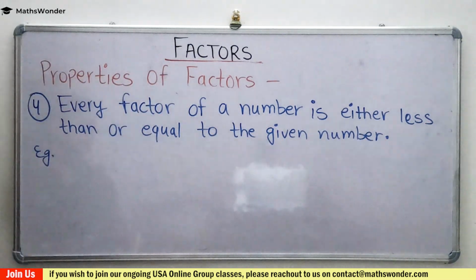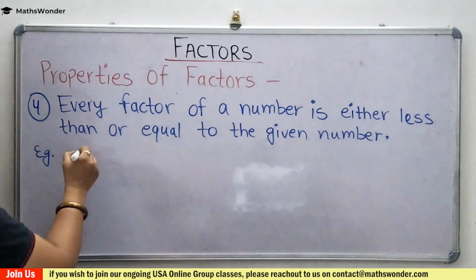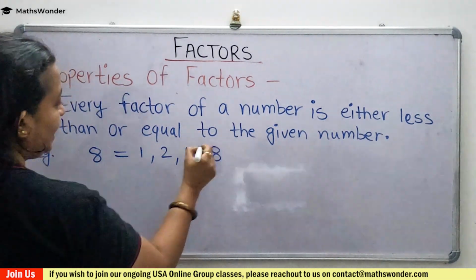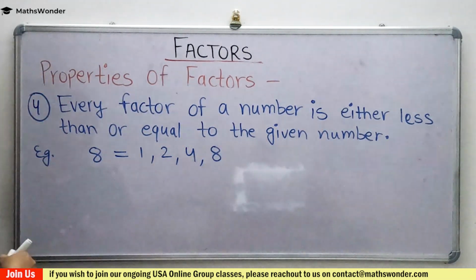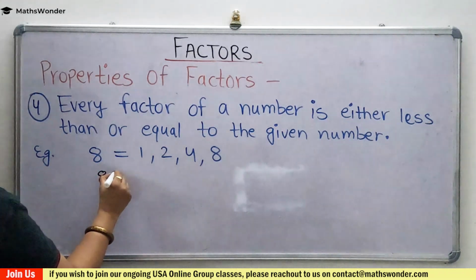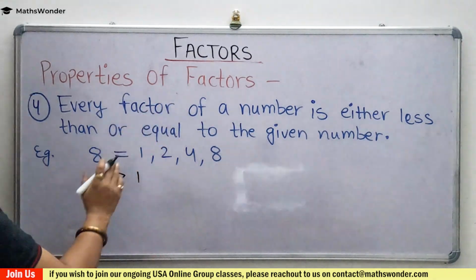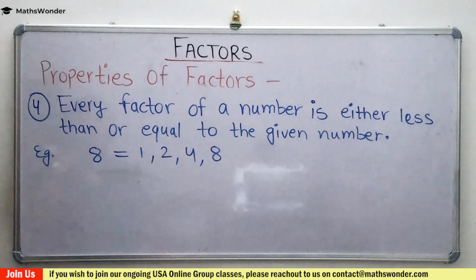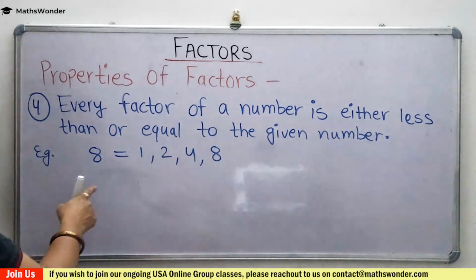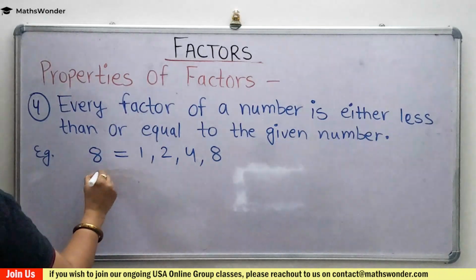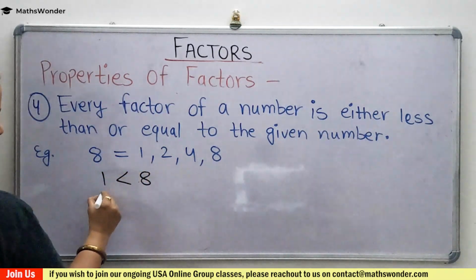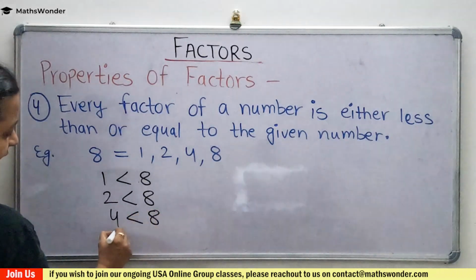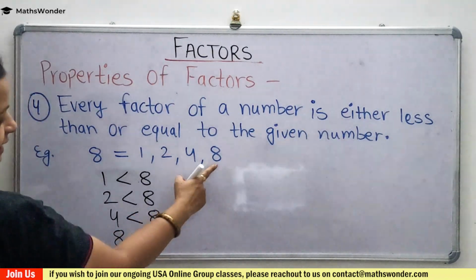Suppose 8. When you find the factors of 8: 1, 2, 4 and 8. So see what you observe here. Now we are talking about less than. So 1 is less than 8, 2 is less than 8, 4 is less than 8, and equal also: 8 is equal to 8.